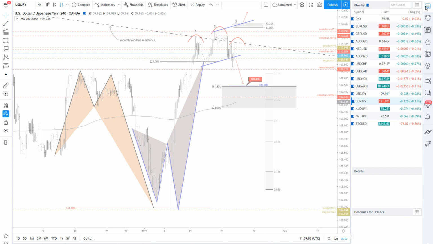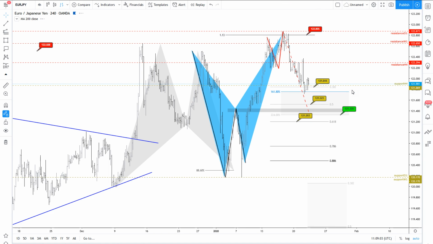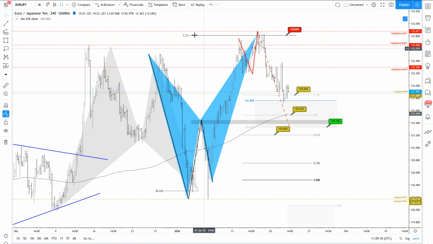Euro versus yen, also published before, completing, projected at 122.80 at 113% Fib. This false breakout above these previous structure highs, printing this alt-bat pattern, also with another false breakout here, kind of a double top, but with a false breakout above these most recent highs, and the market finding some support at 168 extension.